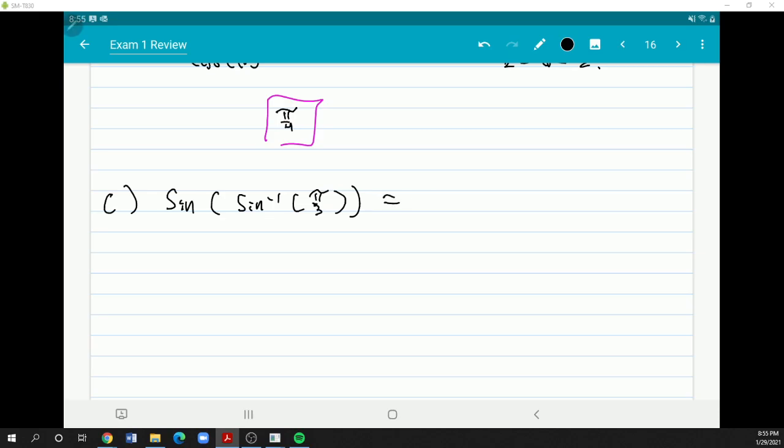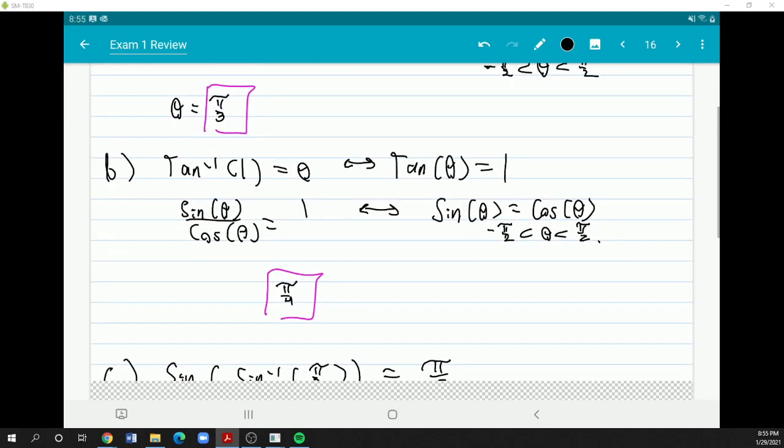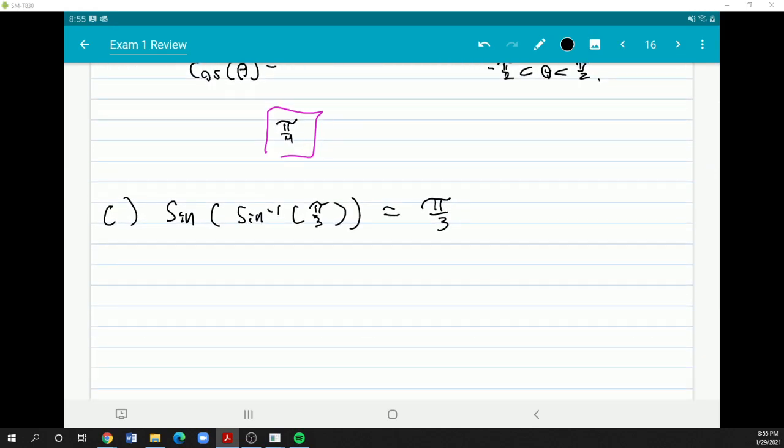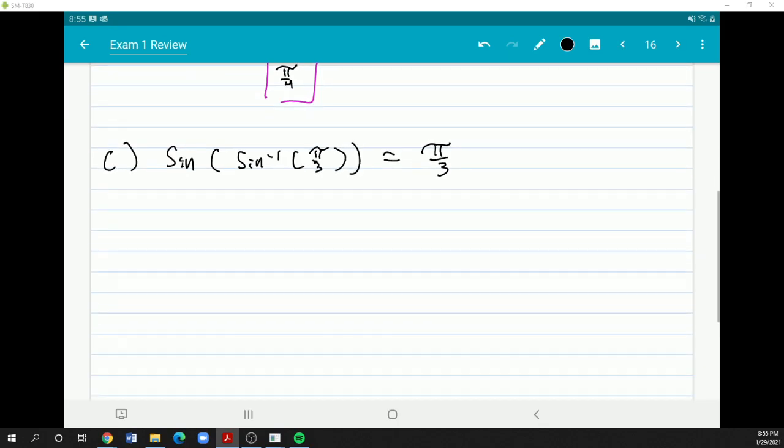You always get that thing back. Let's think about it out loud for a second. Sine inverse of pi over 3, well, we just did that in part A. That gives you root 3 over 2. But then sine of root 3 over 2 brings you back to pi over 3. So, nothing crazy happening there.